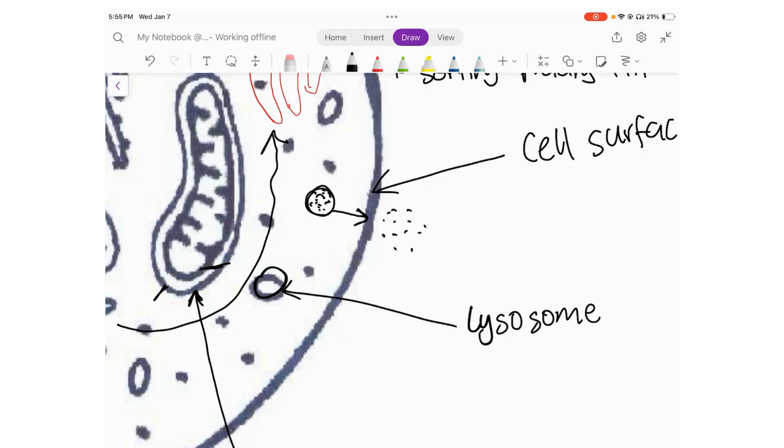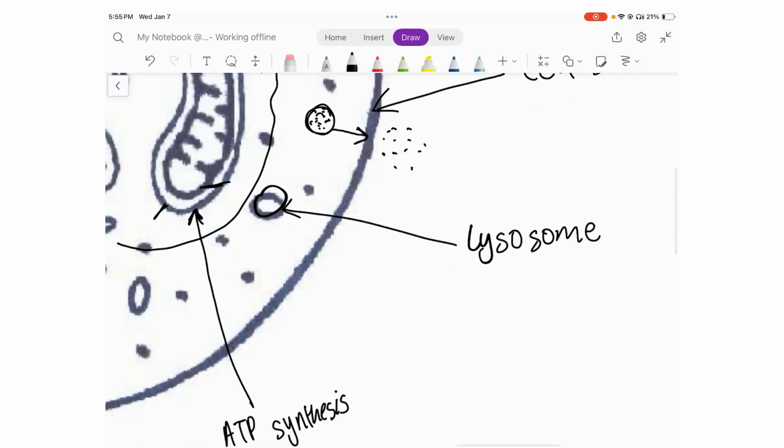Now this packages something known as hydrolytic enzymes. Hydrolytic enzymes are a type of digestive enzymes that help in breaking down worn out organelles or waste products or dead organelles.